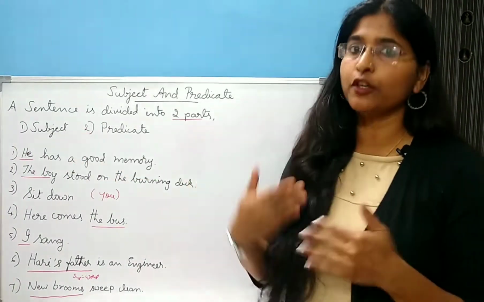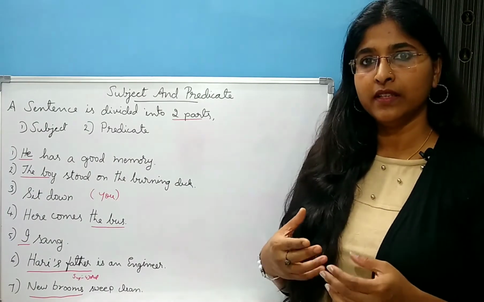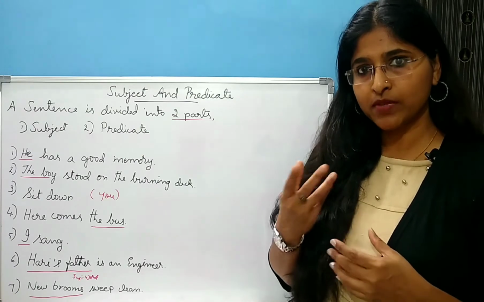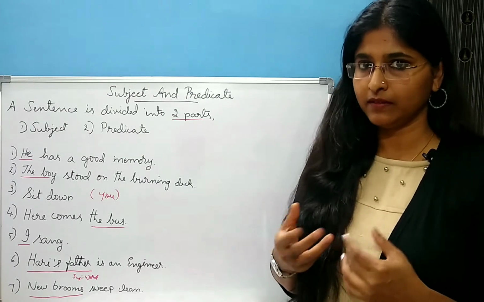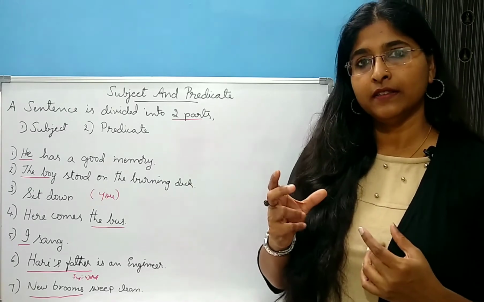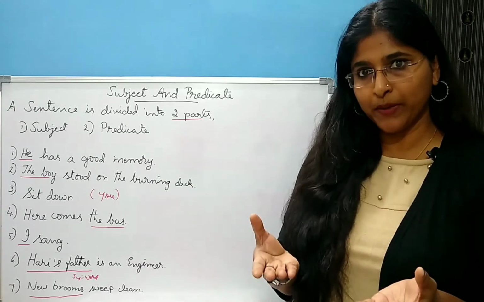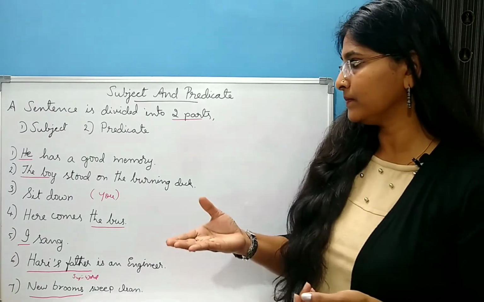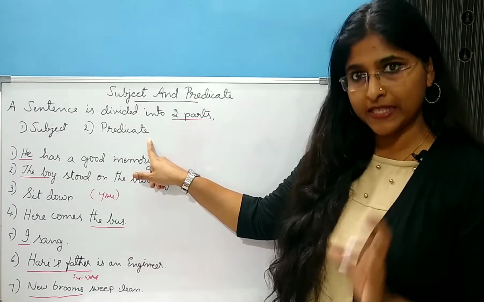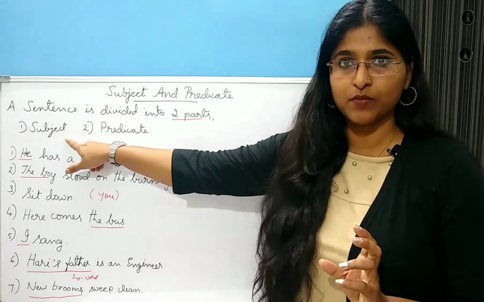What is the subject of a sentence? In a sentence, the part which names the person or thing, or in other words, the part that we speak about in a sentence. The predicate is the part of a sentence which talks about the subject.